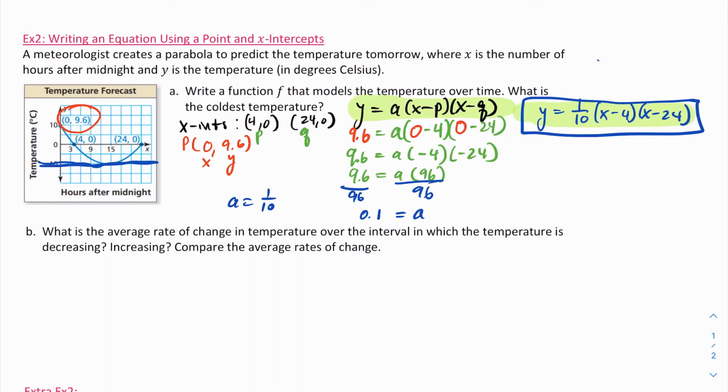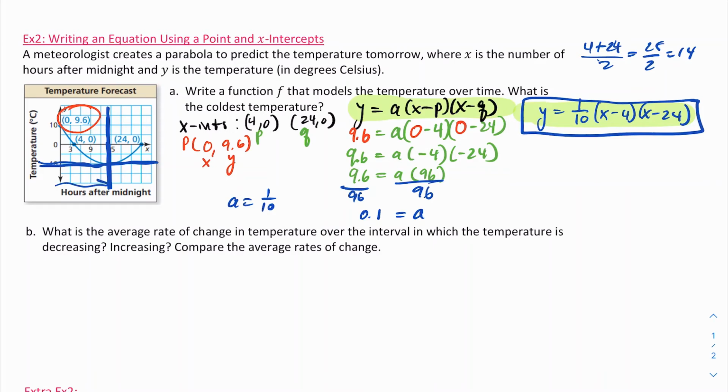The two intercepts are 4 and 24, so 4 plus 24 divided by 2 is 28 divided by 2, which is 14. So at 14 would be the vertex. That would be the axis of symmetry. So when x is 14, you're going to get your coldest temperature.